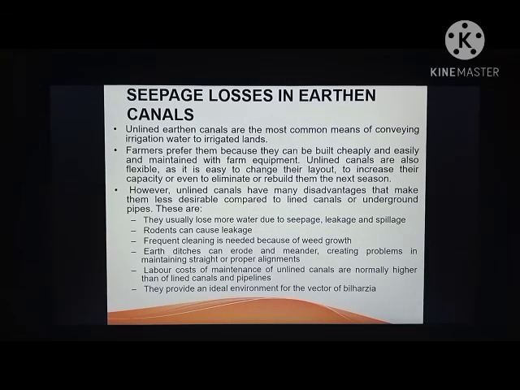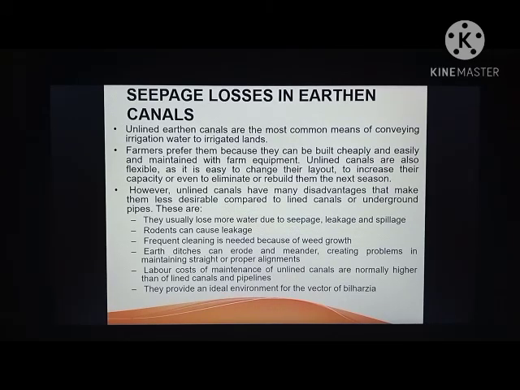They usually lose more water due to seepage, leakage, and spillage. Rodents can cause leakage. The next one is that frequent cleaning is needed because of weed growth.